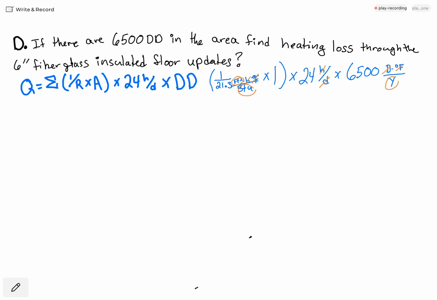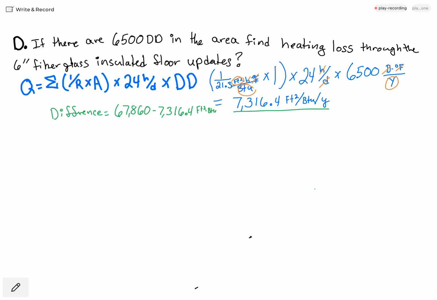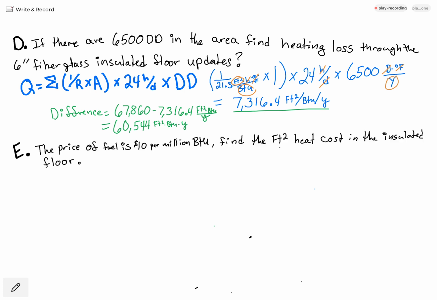I cross out my units, and I get 7,313.4 feet squared BTUs per year. If I subtract that from what I found in question B, I get a difference of 60,544 feet squared BTUs per year.